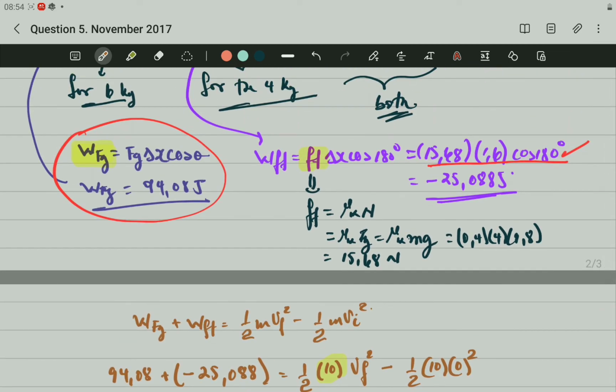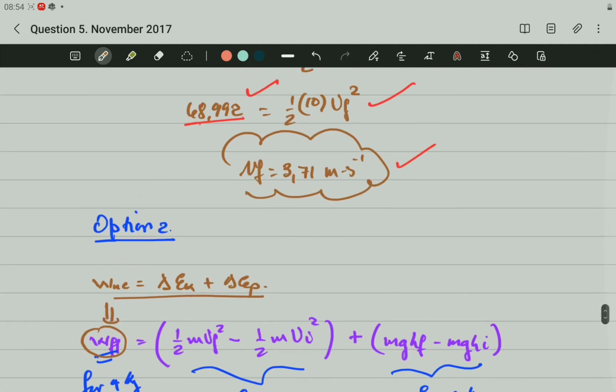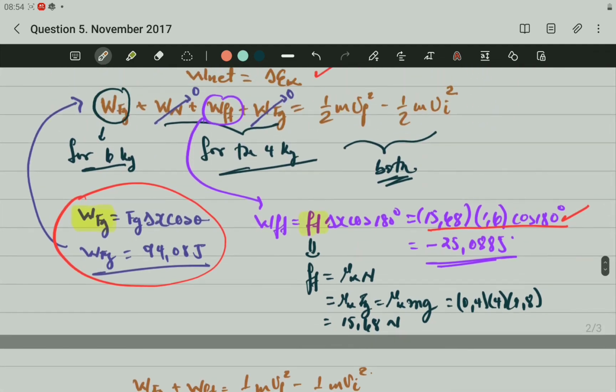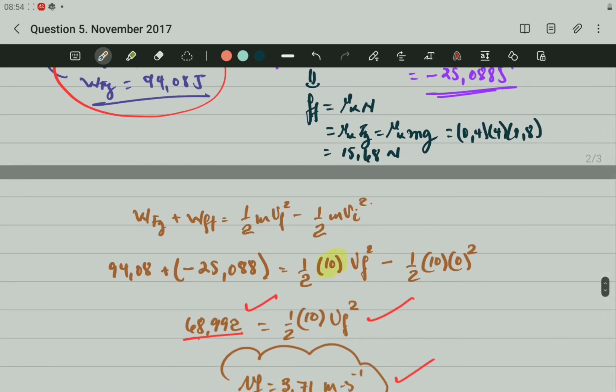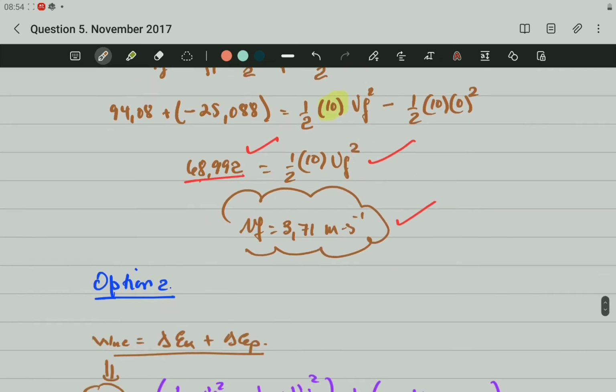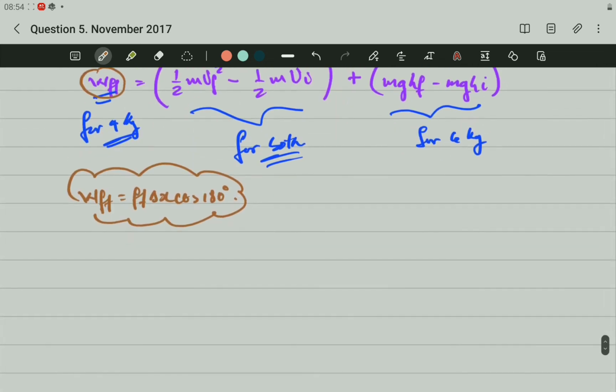You can come back here and see how we calculated the work done by the frictional force on the 4 kilogram block. You can go there quickly and look at that one. So the answer for that one is going to be negative 25,088. Negative 25,088. Okay, so we are going to substitute here.